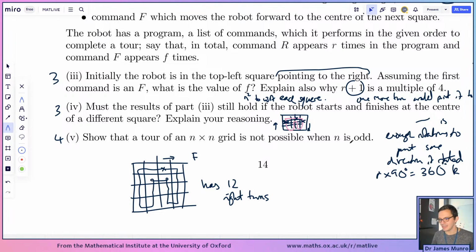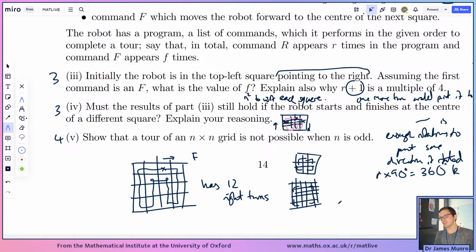A tour is not possible when n is odd. Why is that the case? It feels like a parity sort of thing, doesn't it? Each move. No, let's try it out on a 3x3 grid and see what happens. So there are these corners. The corners are interesting. They all join up on this 3x3 grid, so that's not possible. On this 5x5 grid, is it the corners that matter?